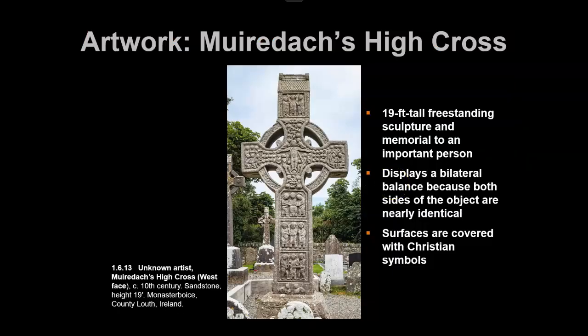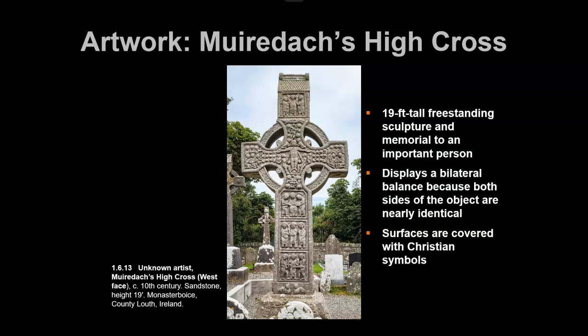Here in this cross, we can see that it's a symmetrical piece because both sides are identical. And inside of it, it's covered with Christian symbols. So why would symmetrical balance be important in something like this? If you think about religion, you think about the idea of stability and strength in a piece.